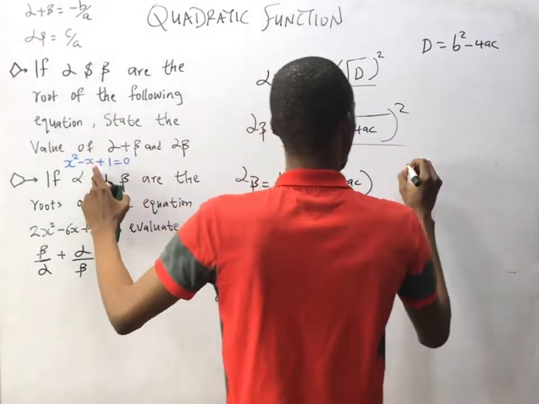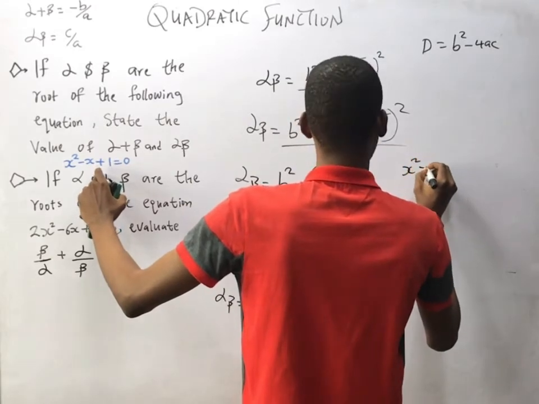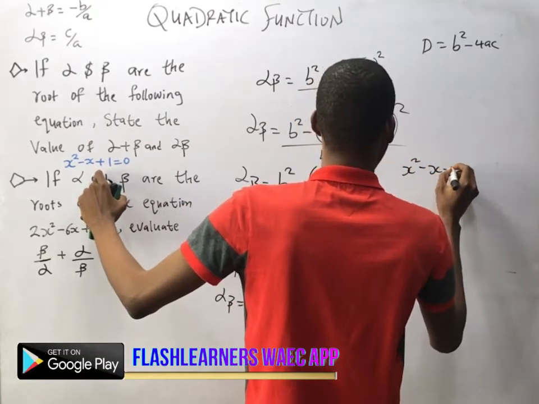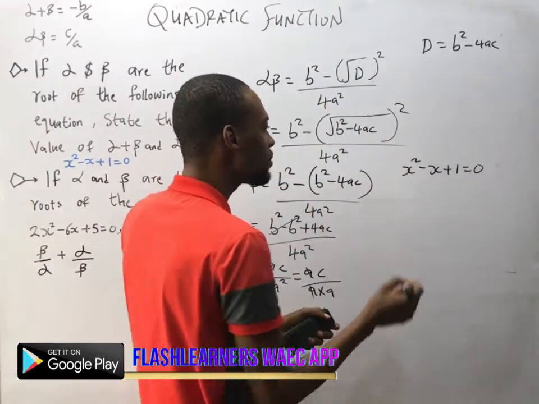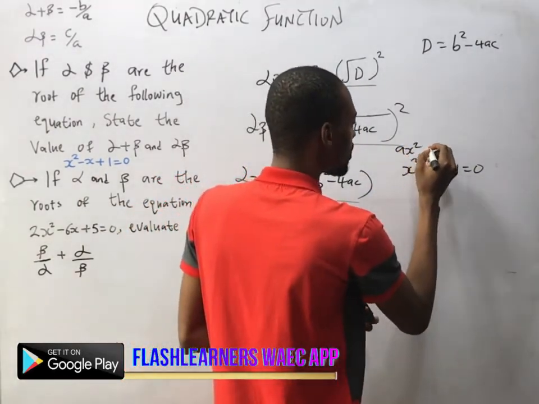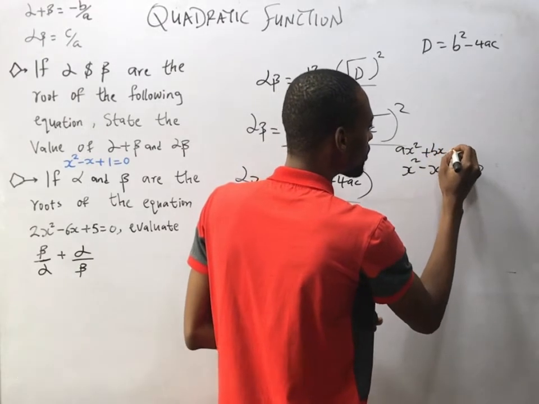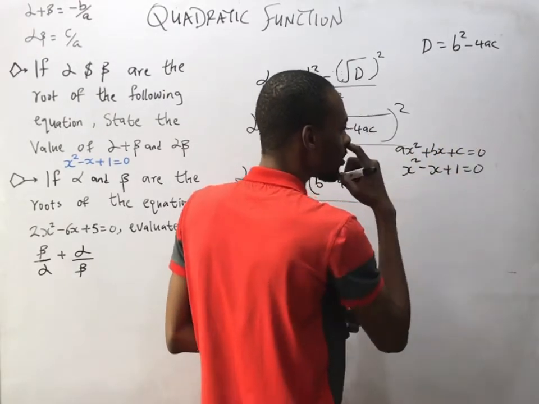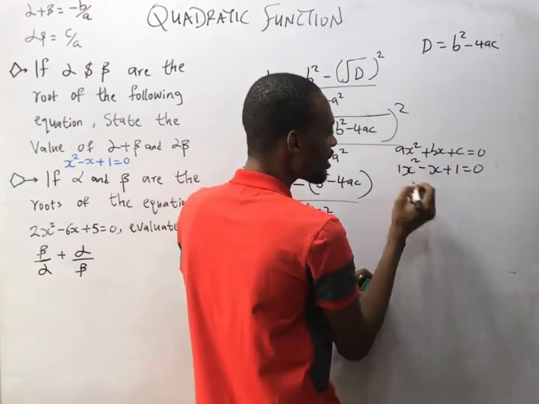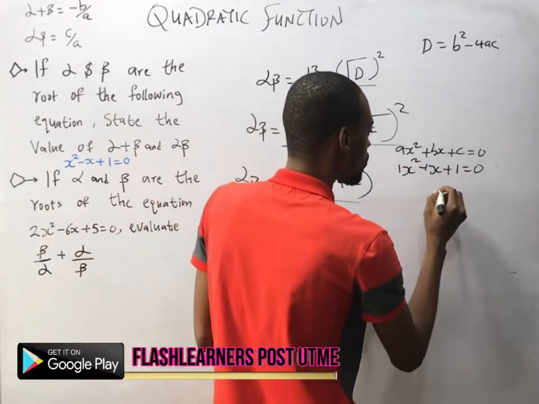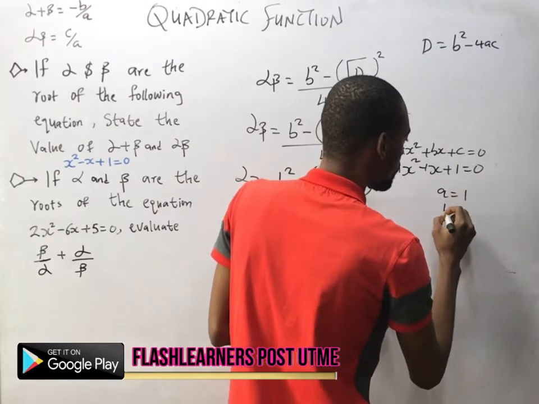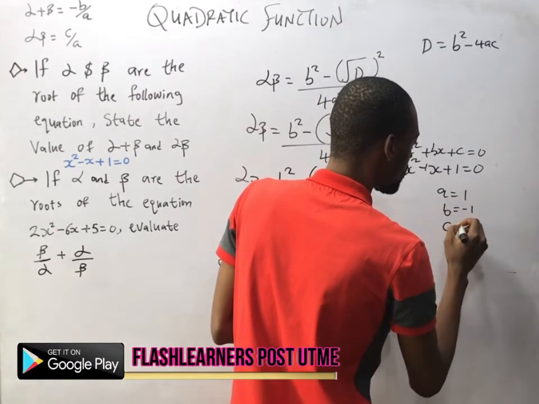Now this is the equation: s square minus s plus 1 equals 0. And the standard form of a quadratic equation is simply as square plus bs plus c equals 0. Now comparing, a equals 1, b equals minus 1, c equals 1.